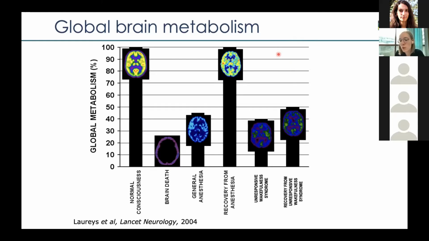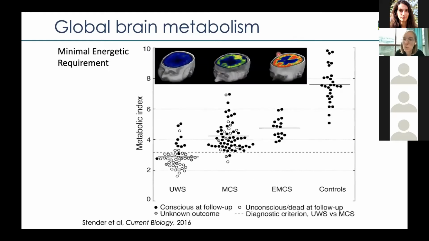I will show that again in more detail later. But it's also good to know that even if conscious processes are usually localized in a specific network, the global brain metabolism can also be useful to identify different states of consciousness.